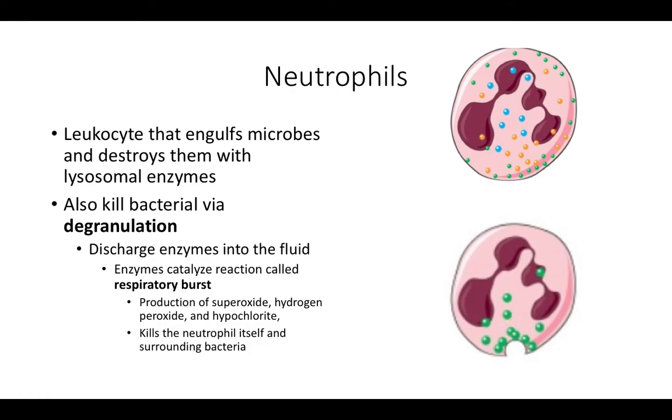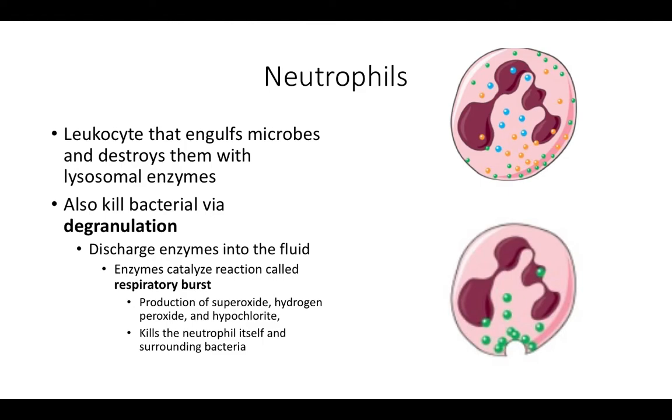Okay, so the first of the immune cells that we're going to talk about are neutrophils. And so neutrophils are white blood cells. We talked about them a few weeks ago, and their job is to engulf microbes. Okay, so they can destroy microbes by acting as phagocytic cells or macrophages, but they also can kill bacteria through something called degranulation.